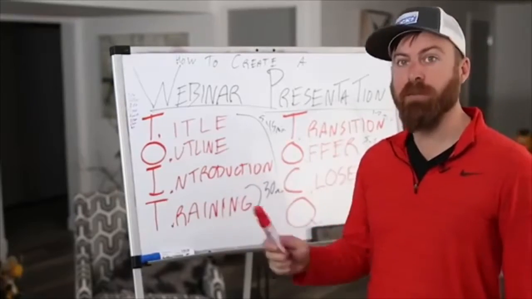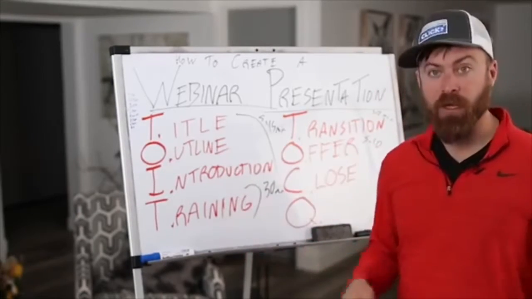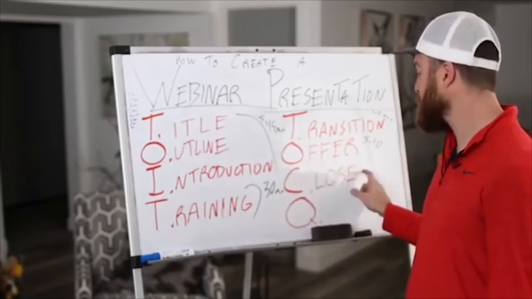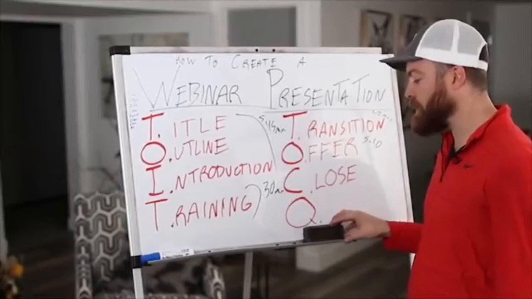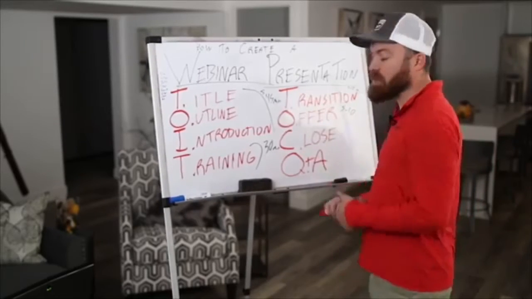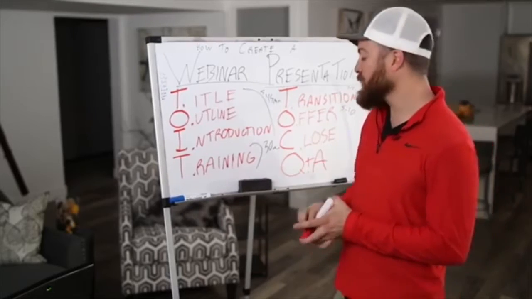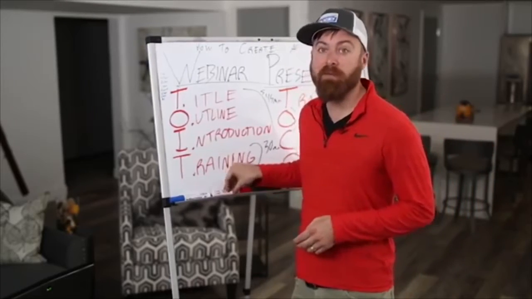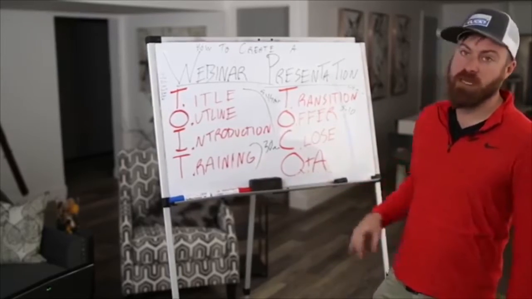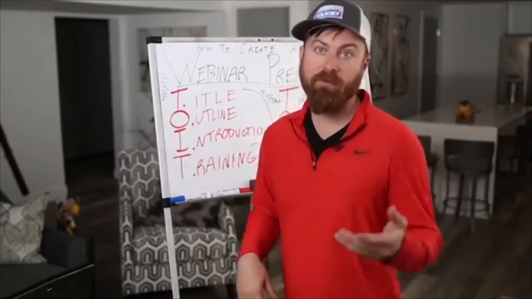Every question that somebody should have had should have already come up, and you should have already addressed it multiple times so that they don't have those questions when you're asking them to do what you want them to do. What most people do is they still have a Q&A at the end. So any additional questions, any additional objections that people have, you overcome those in the question and answer session at the end of your training.